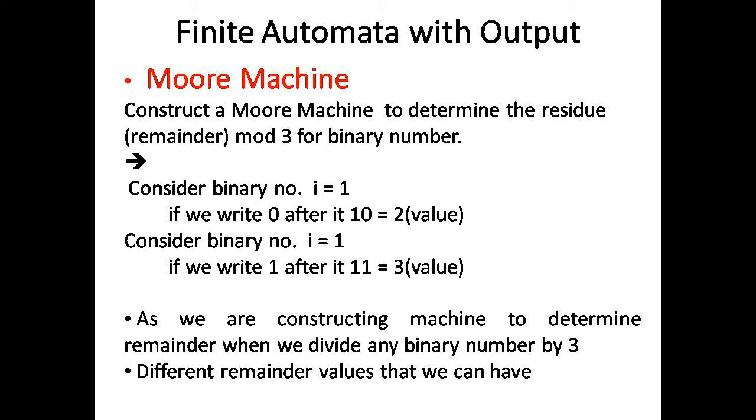As we are constructing the machine to determine the remainder when we divide any binary number by 3, same as a divisibility by 3 tester, the different remainder values that we can have are nothing but the states: Q0 is the 0 remainder state, Q1 is the 1 remainder state, and Q2 is the 2 remainder state.